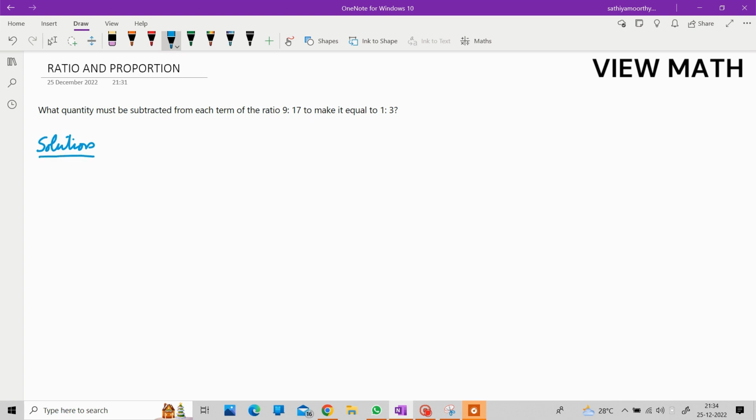Let me take the quantity to be x. Let the quantity x be subtracted from 9 is to 17.